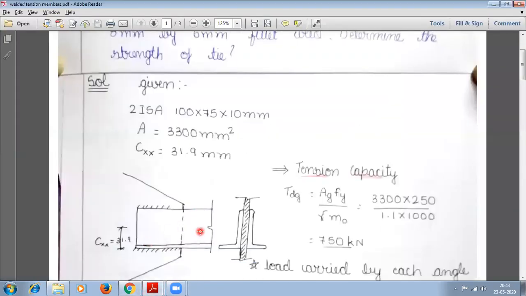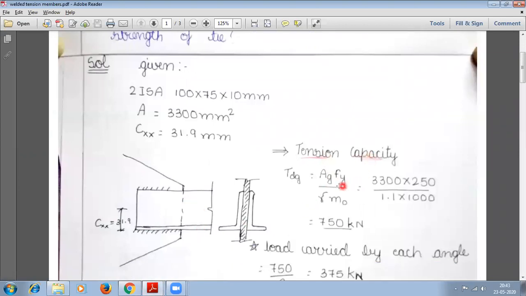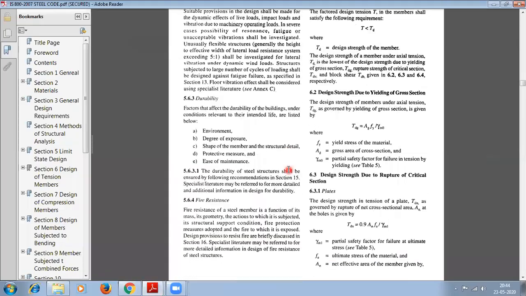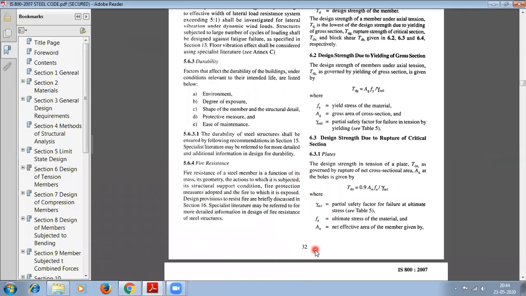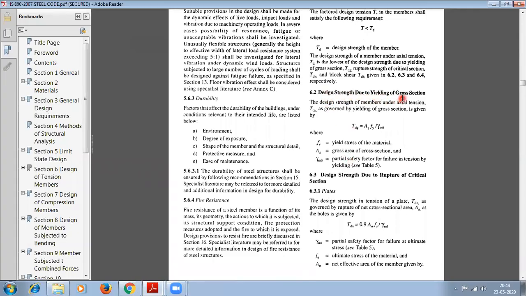Okay, after noting down all this and the tension capacity, first we'll find out the yielding, Ag fy divided by gamma m0. You will get this in the code book. If you see in page number 32, you have the design strength due to the yielding of the cross section. Tdg is equal to Ag fy divided by gamma m0.